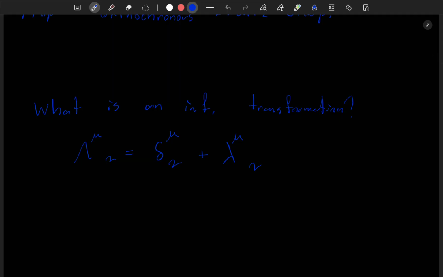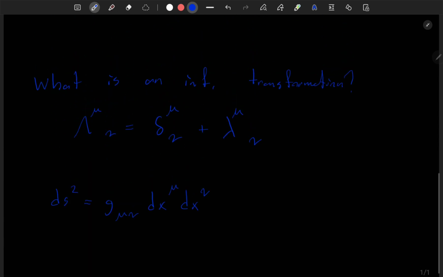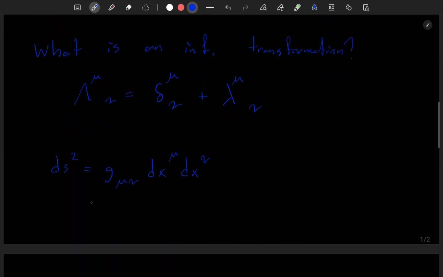First, the thing we care about that Lorentz transformations preserve is the metric, the space-time interval. So let's use a differential version. It's going to be your metric times your little differential forms, but let's not think too rigorously today, times your little dx's. In this case, we're just going to consider Minkowski space-time.